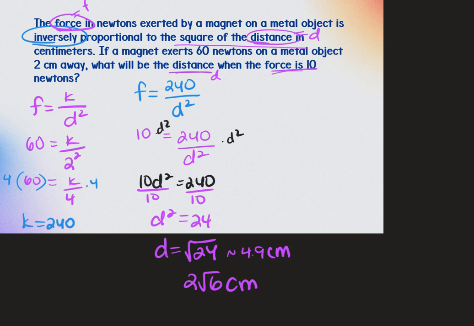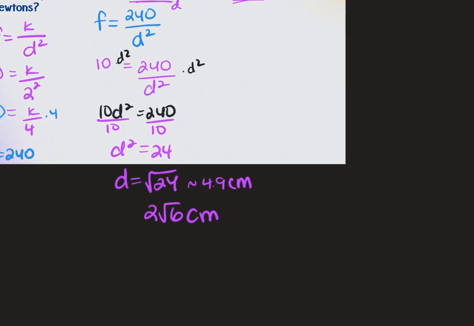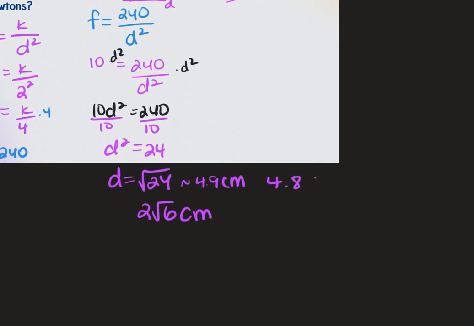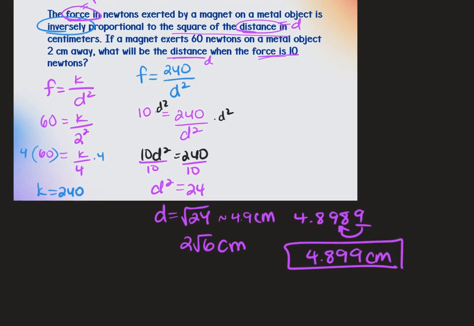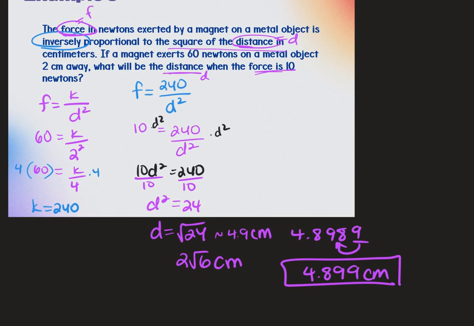So 3 decimal places is actually 4.8989. So this bumps to 4.899 centimeters. Plus and minus, or is that? No, you can't get a negative distance. Yeah. So yes, if you're solving algebraically, you would do plus or minus, but we're talking about a real world scenario in which it wouldn't be negative.